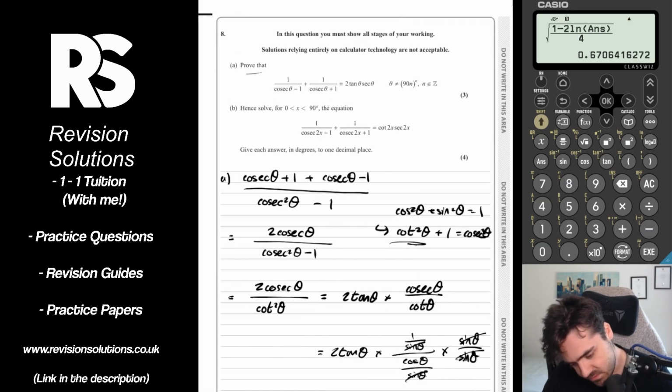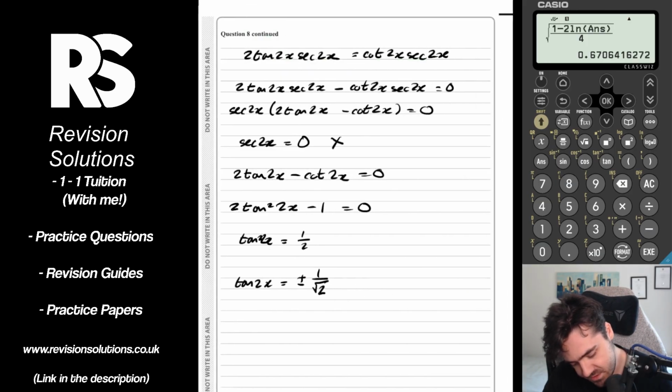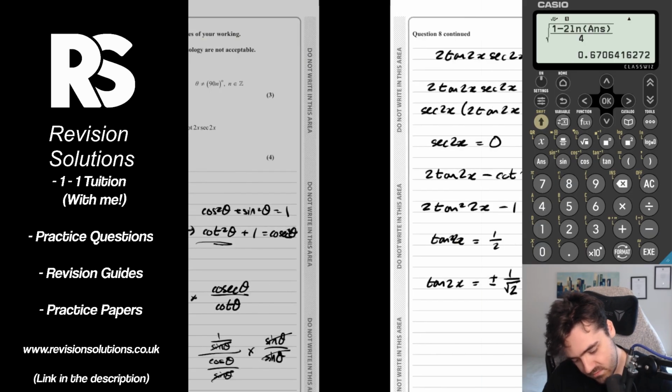And then what's the range of solutions we want? Everything from 0 to 90 degrees. So we're not going to need to find many solutions. So let's find our first solution using our calculator. It's in degrees, isn't it? Yes.